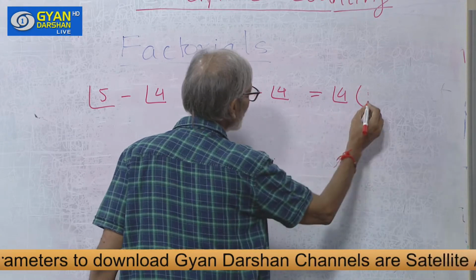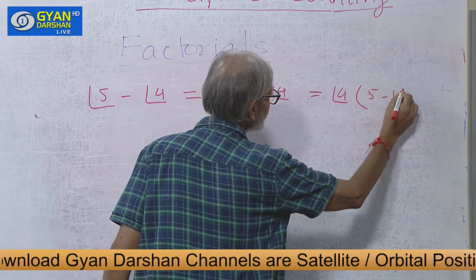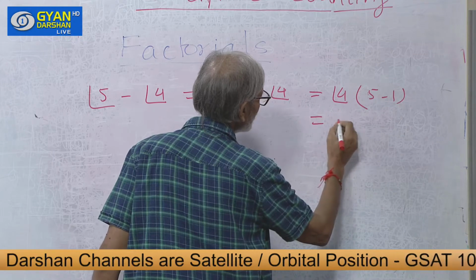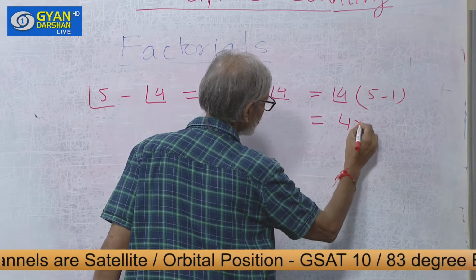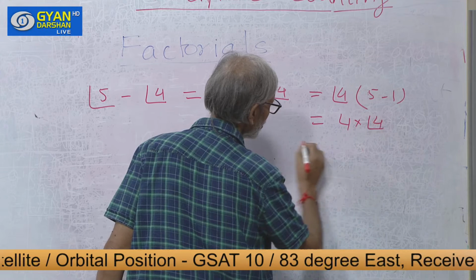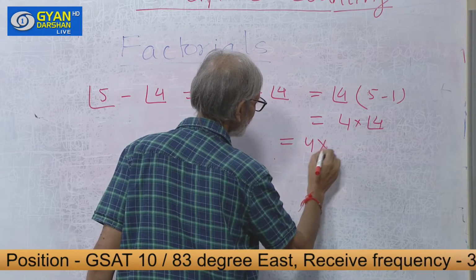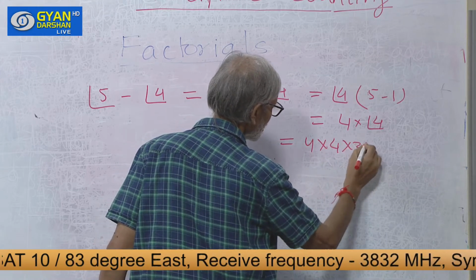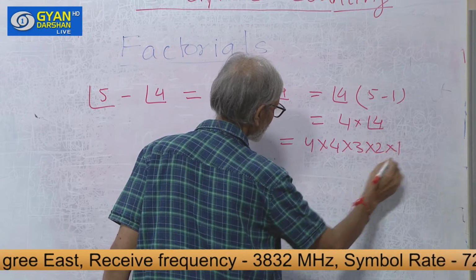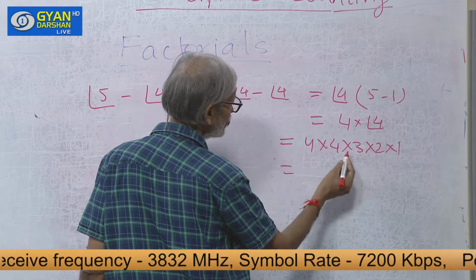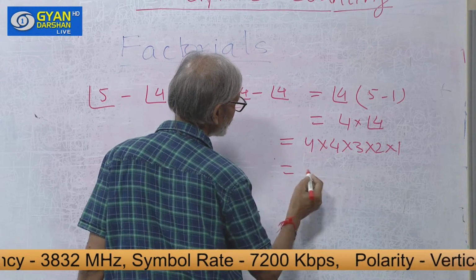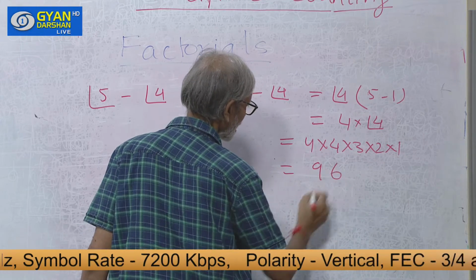So, it will be equal to 5 minus 1. So, it will be 4 into factorial 4, which will be equal to 4 into 4 into 3 into 2 into 1. So, this is equal to 96.